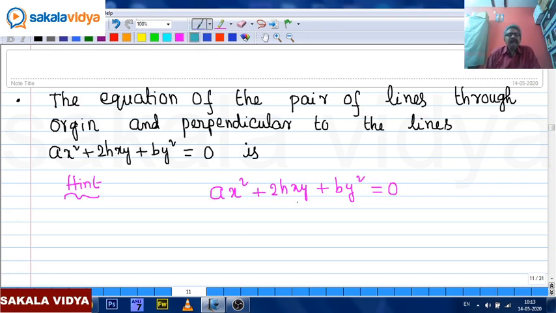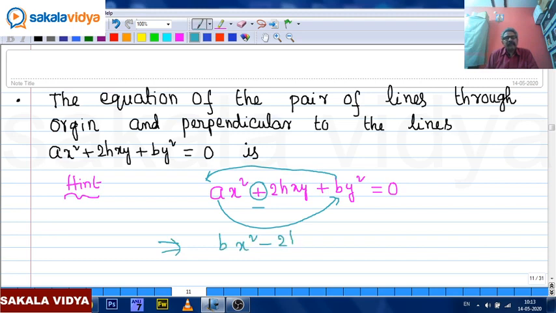Everybody knows the coefficient game. Play the coefficient game: the x square coefficient becomes b, and the y square coefficient becomes a. Change the sign of the xy coefficient. That means you get bx square minus 2hxy plus ay square is equal to 0.